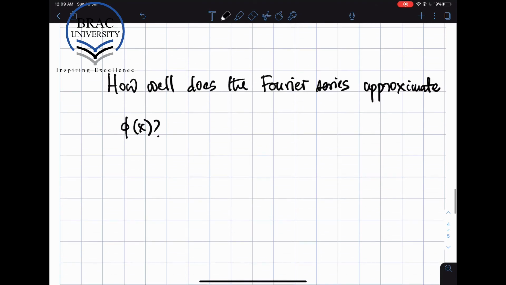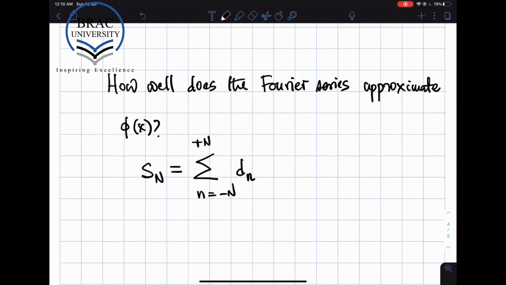To do this, let's introduce a kind of measure. Let's first introduce a partial sum. Let's call it Sn, a series which goes from minus n to plus n, with some coefficients which we haven't decided yet.